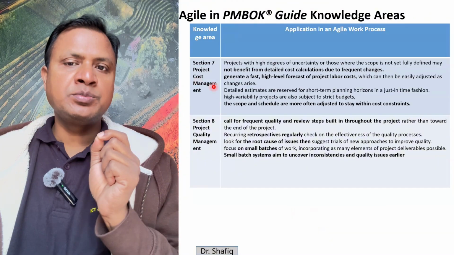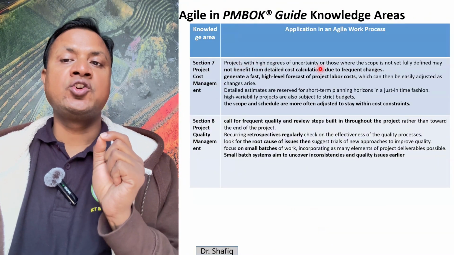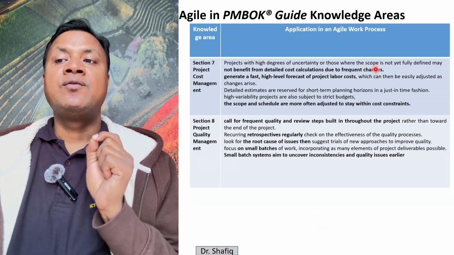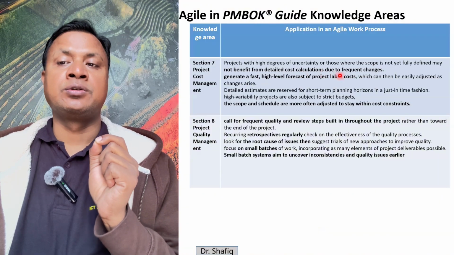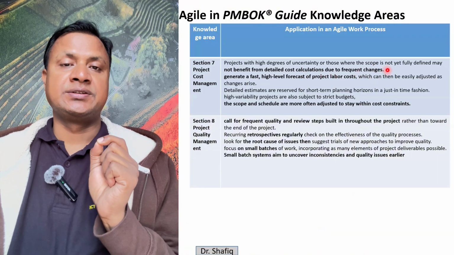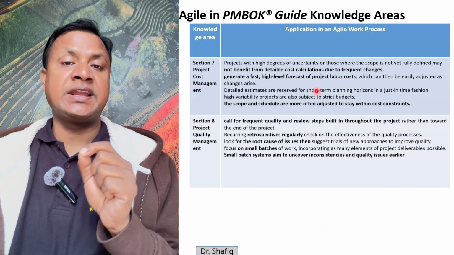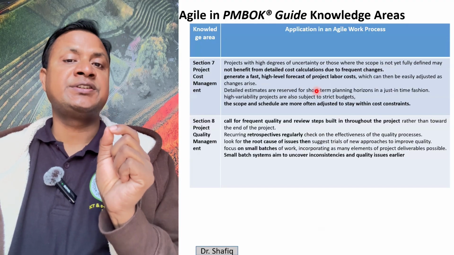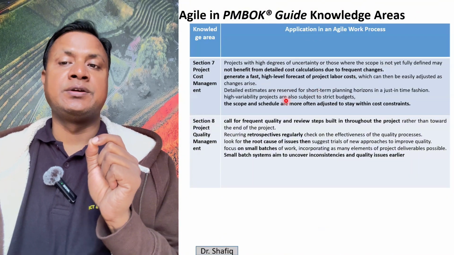Now, for cost management in agile process, projects with a high degree of uncertainty, or those where the scope is not fully defined, may not benefit from detailed cost calculation due to frequent changes. So we cannot calculate the cost ahead of the project. Rather, we calculate the cost for each iteration, at the beginning of each sprint.